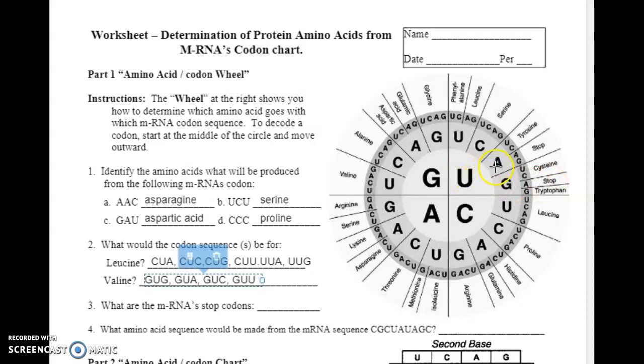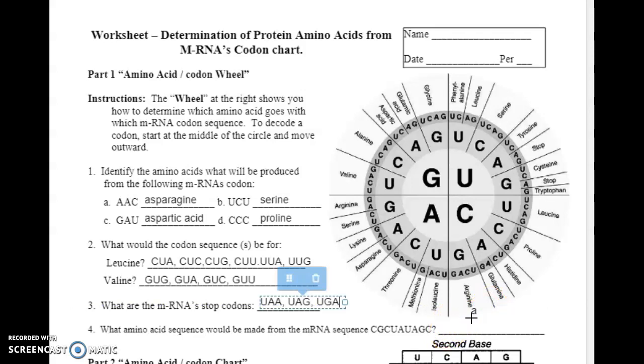So UAA, UAG, and UGA. Those are our stop codons. Tells that ribosome you're finished. We stop right there.